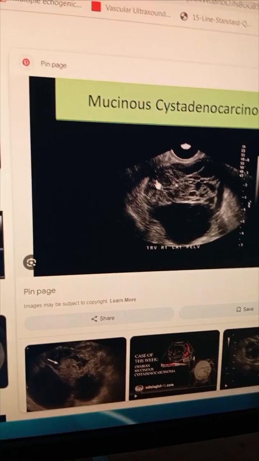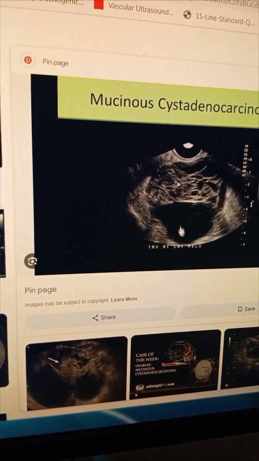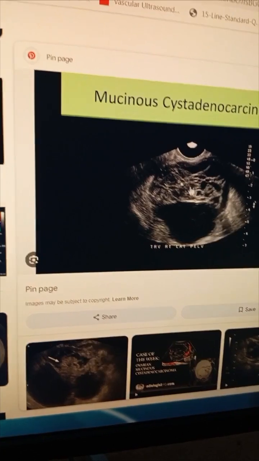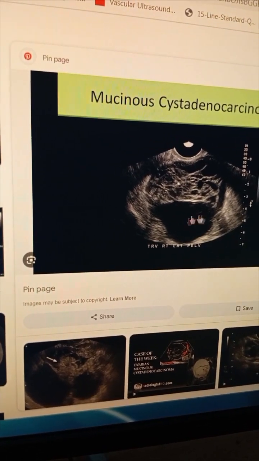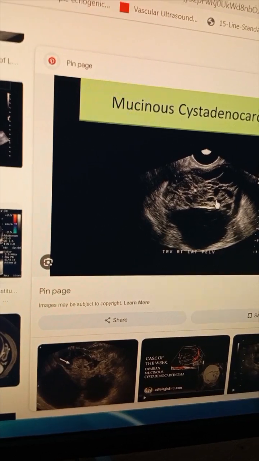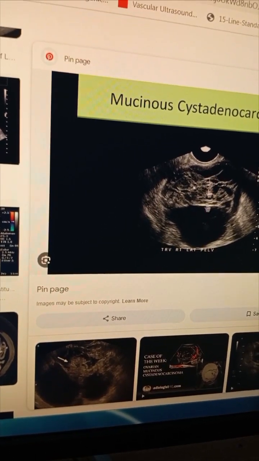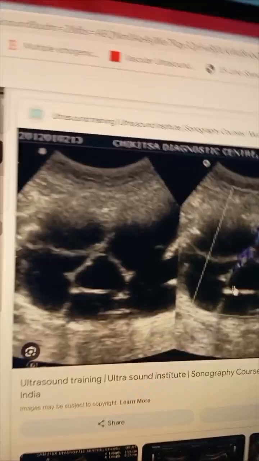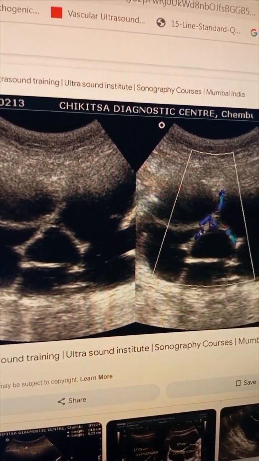Here is the different echogenicity, and here is the different. It is hyperechoic, heterogeneous, while this part is hypoechoic. Irregular wall, septa, and multilocular cyst. Here is also an example of mucinous cystadenoma.